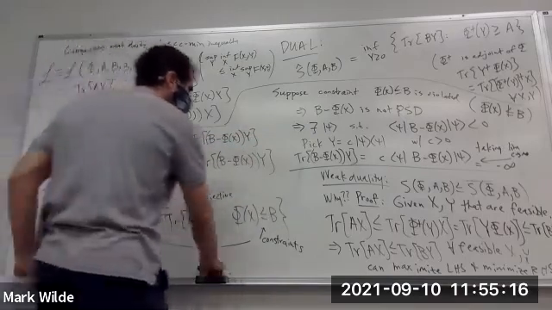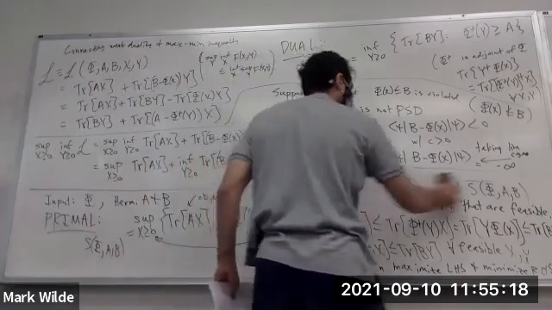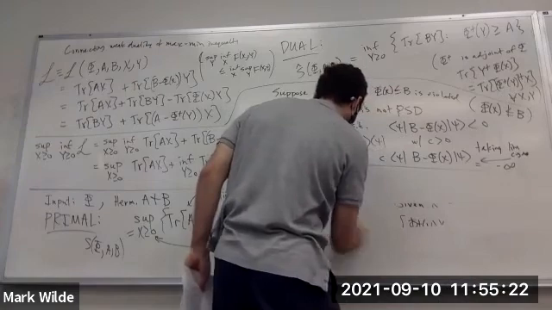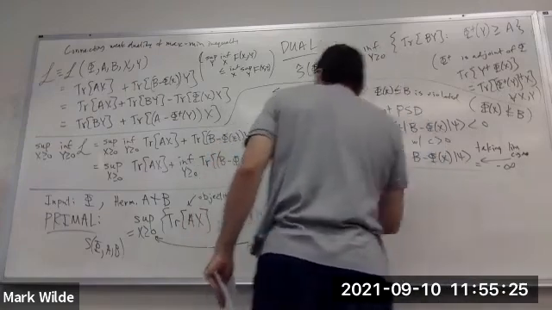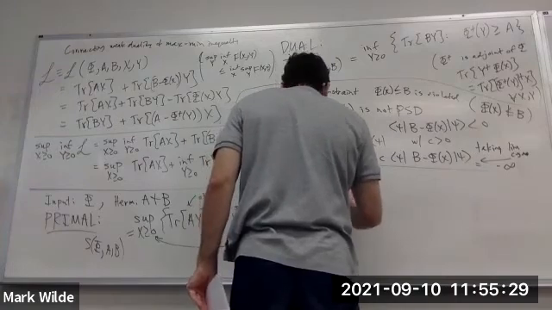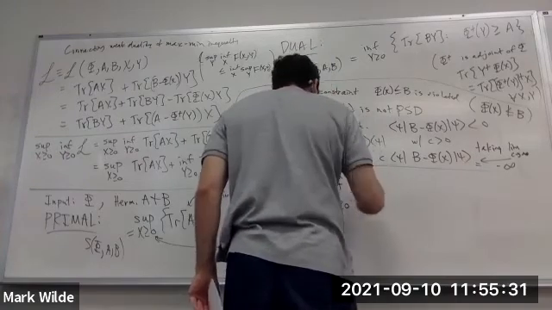How do we summarize it? Let me erase this. So this function, let's just write down what we found.